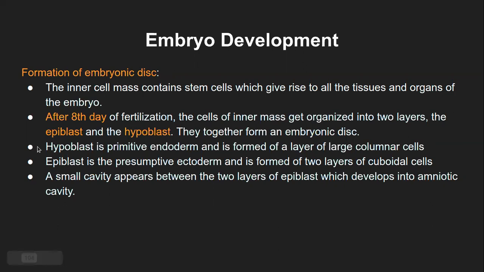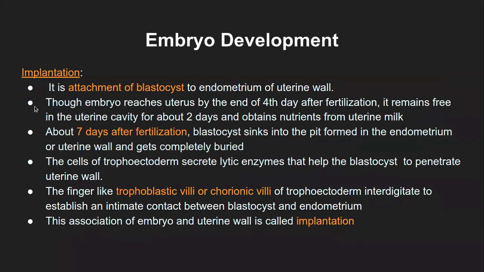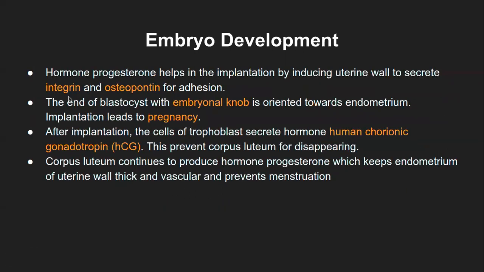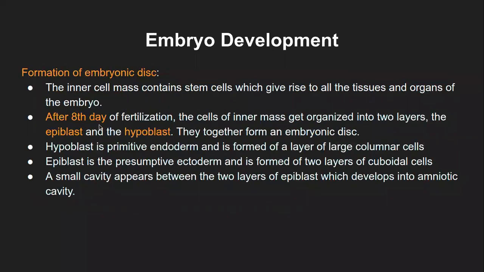Now, between the 7th and 8th day, there was this earlier stage of the implantation. Then after the 8th day of fertilization, the cells of the inner mass, that is the embryonal knob, get organized into two layers.